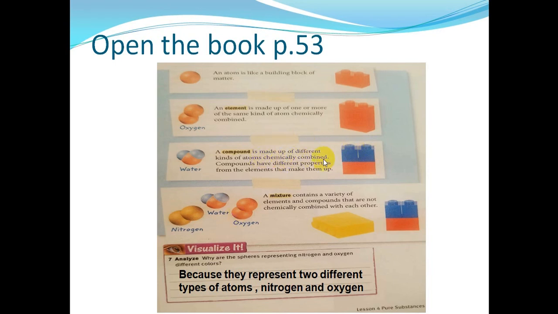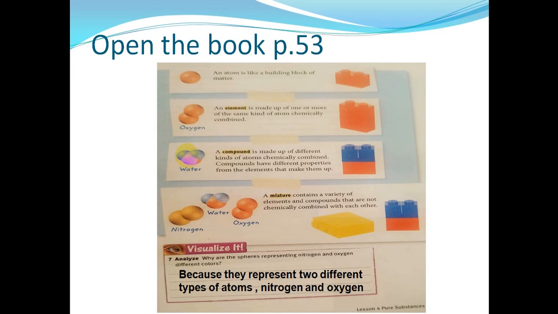So connected together means chemically combined. When atoms are chemically combined, attached, or bonded to each other, they form a compound. So the main difference between elements and compounds is that in elements the atoms are the same, but in compounds the atoms are different. This is the main difference between elements and compounds.